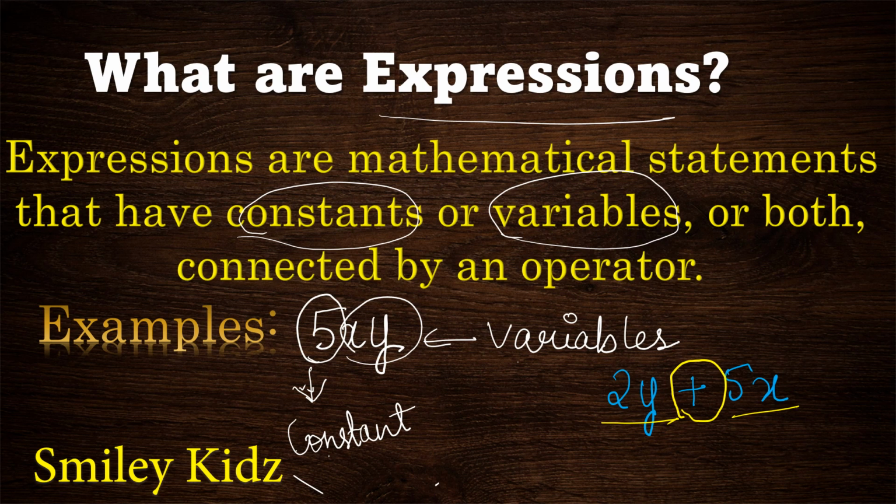Let's take another example. 2xy plus 5 square. This is also an expression which is consisting of two terms. The first term is 2xy and the second term is 5 square, which are connected by an operator. All these are examples of expressions.